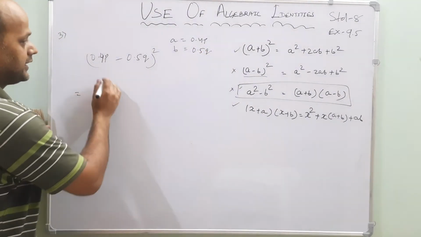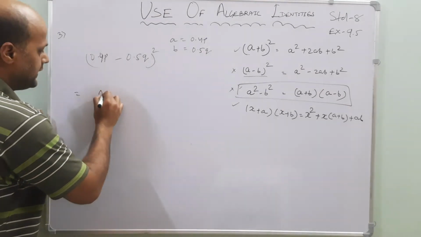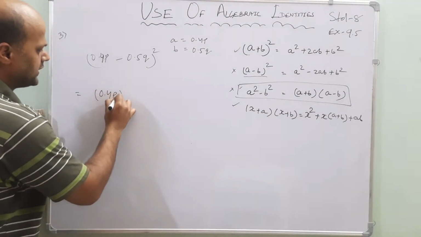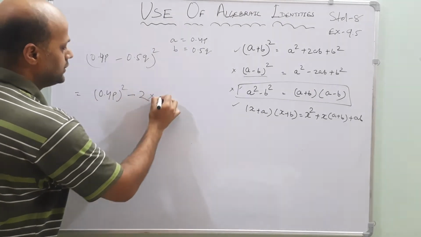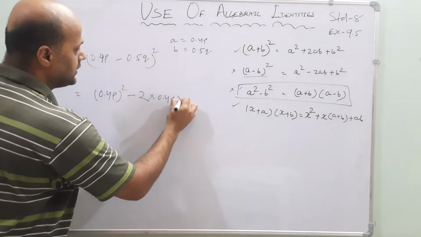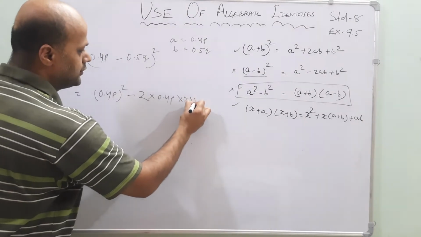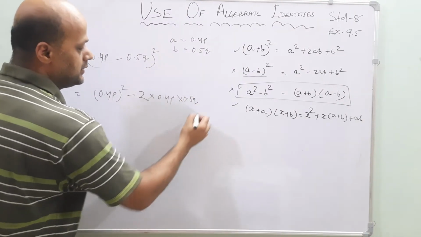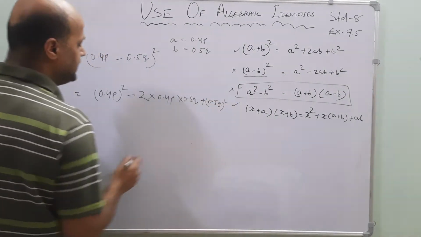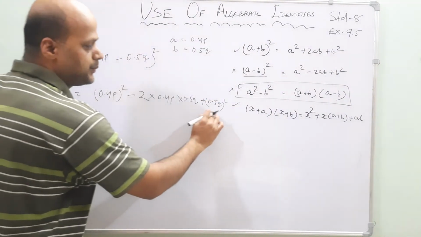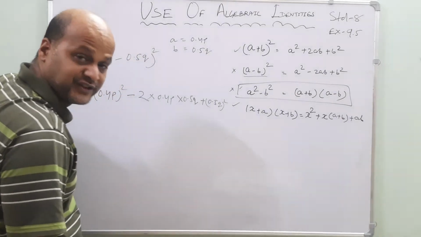So put it: a minus b whole square is equal to a square minus 2 into 0.4p into 0.5q plus 0.5q whole square. That is a square minus 2ab plus b square. Understood? It is very easy, na?